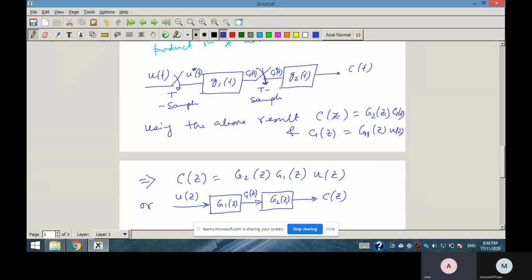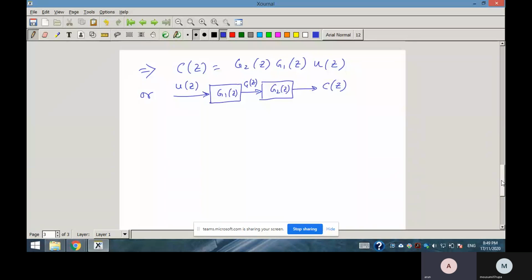Then at that time 1 by S has to be replaced by 1 by Z. But what does 1 by Z imply actually? What is the physical meaning of 1 by Z? The significance of 1 by Z is very important, because 1 by Z is an important unit in a discrete time system or sampled data system.